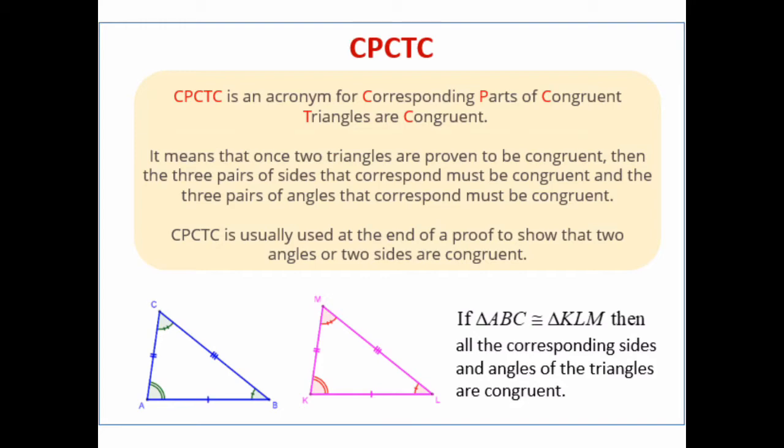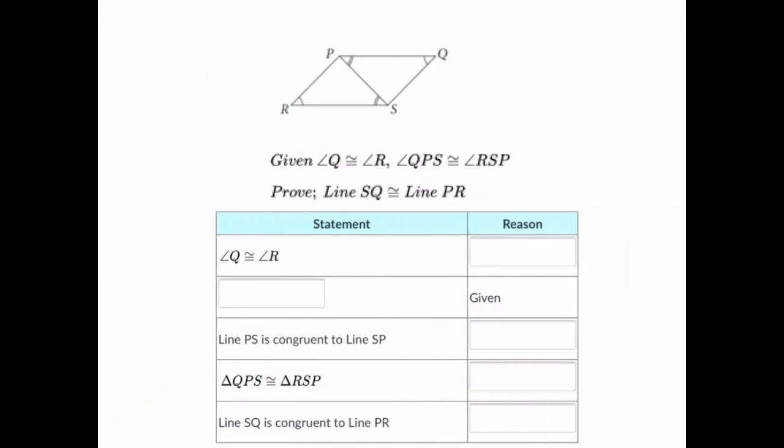So let's go ahead and do some of the work from the lesson and the practice. So this one actually comes from the lesson. It says, given that angle Q is congruent to angle R, so here and here, and that angle QPS is congruent to RSP, so here and here, they want you to prove that line SQ over here is congruent to line PR over there. So what we're going to do is prove that the triangles are congruent first.